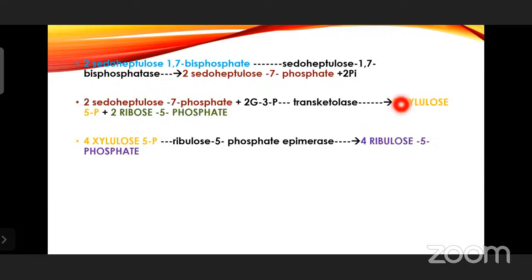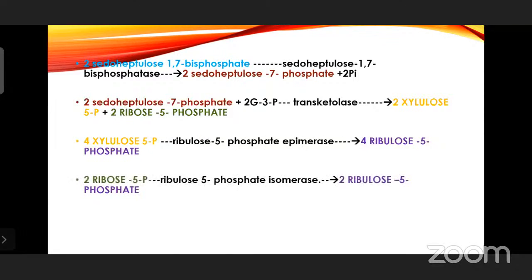This 2 xylulose 5 phosphate and another 2 xylulose 5 phosphate, that means 4 xylulose 5 phosphates, are going to participate in the next stage, where ribulose 5 phosphate epimerase enzyme is going to work on it, and it is going to get transformed into 4 ribulose 5 phosphate. Xylulose is getting converted to ribulose 5 phosphate in this.